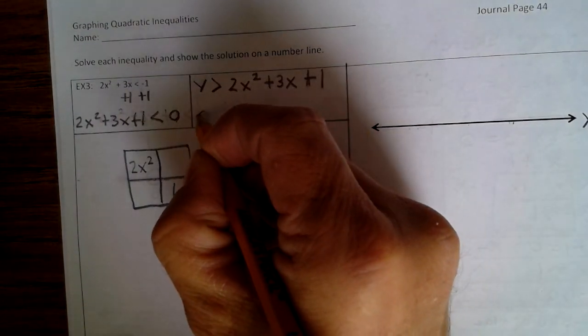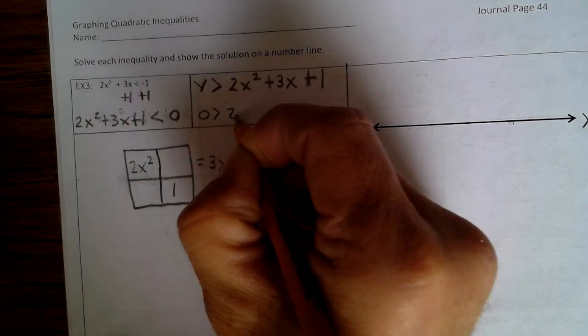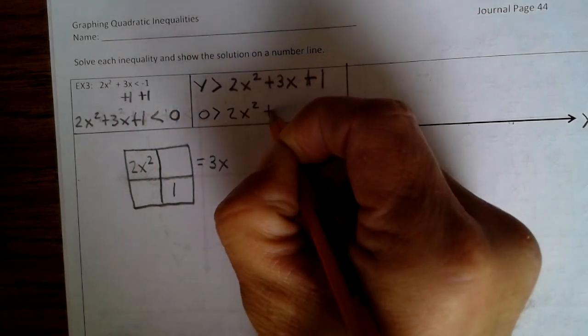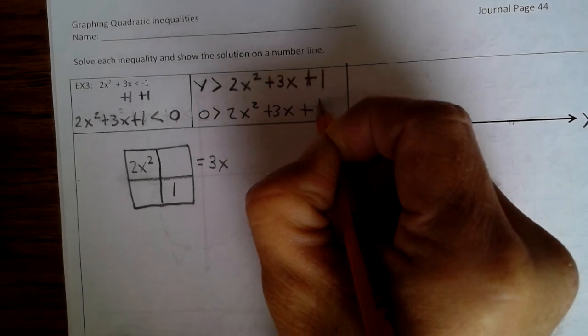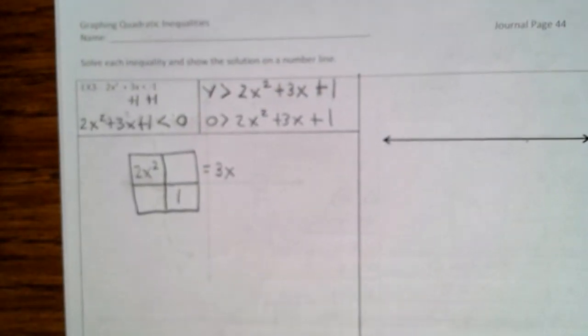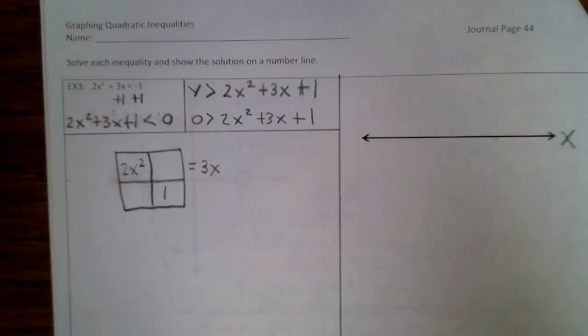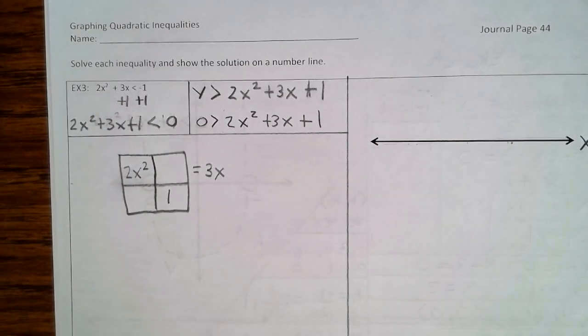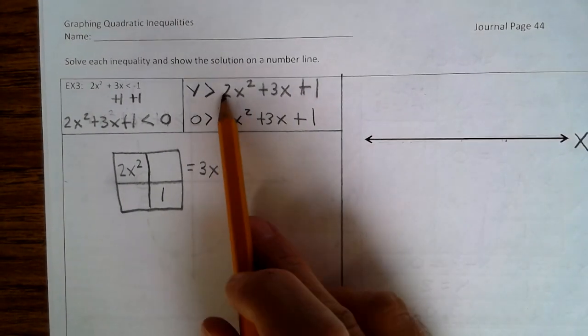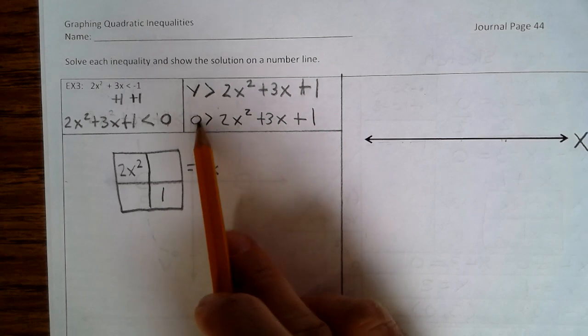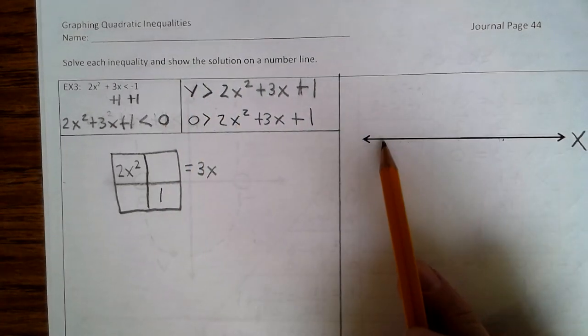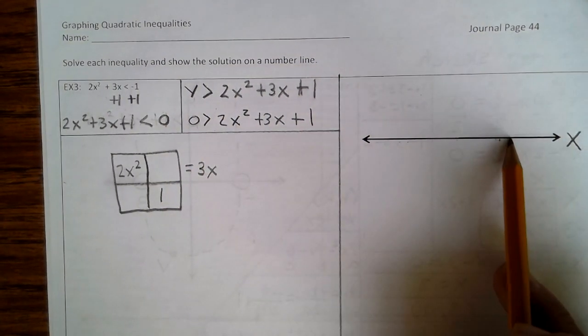So now this is 0 greater than 2x squared plus 3x plus 1. And you can see that these are the same except I'm plugging in 0 for y, because if it's a point on this line, then the y value is 0.